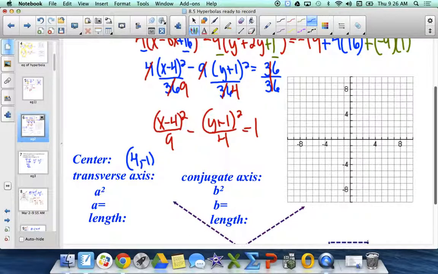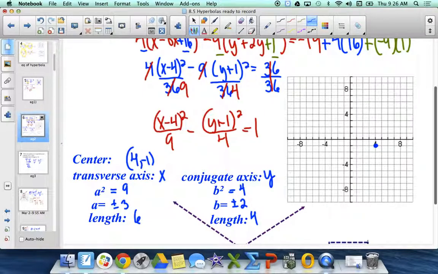We'll plot that point, 4, negative 1, over 4 down to negative 1. We have a transverse axis that's the x-axis. We have a conjugate axis, which is y. We have a squared is equal to 9, so a is plus or minus 3. B squared is equal to 4, so b is plus or minus 2. Have a length here of 6 and a length there of 4.